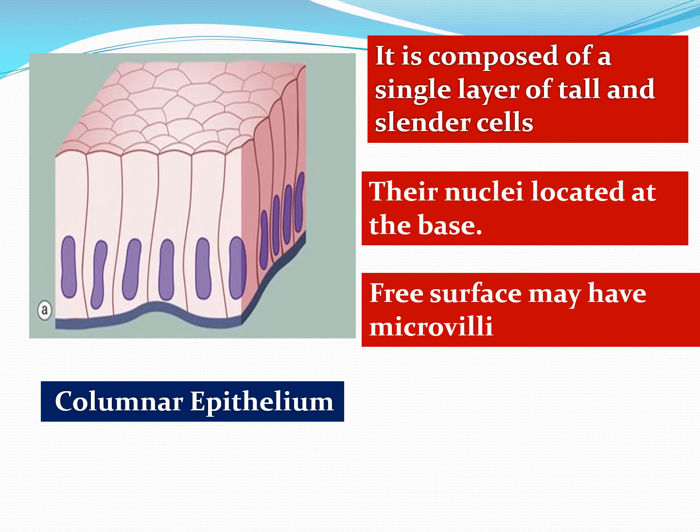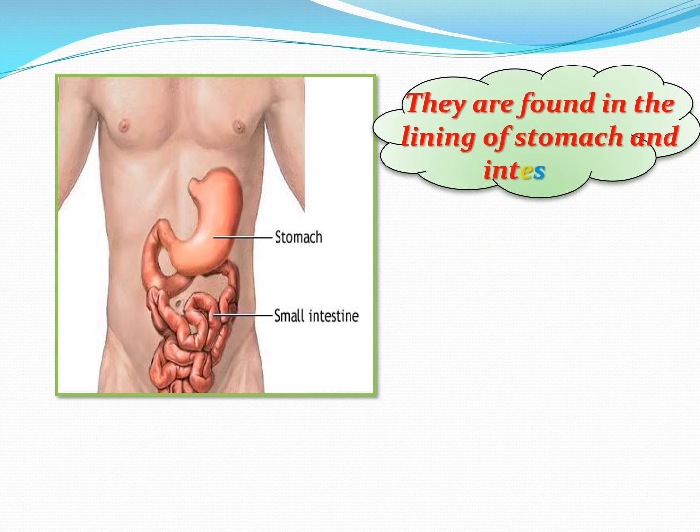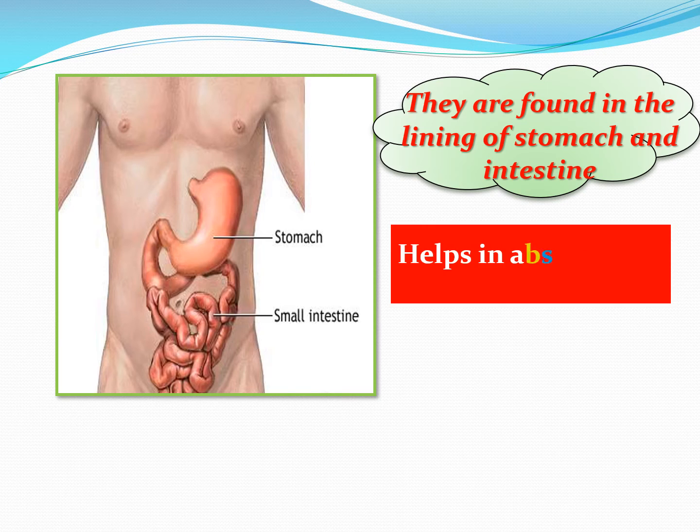Free surfaces may have microvilli, that is finger-like projections. They are found in the lining of stomach and intestine, which helps in absorption and secretion during digestion.